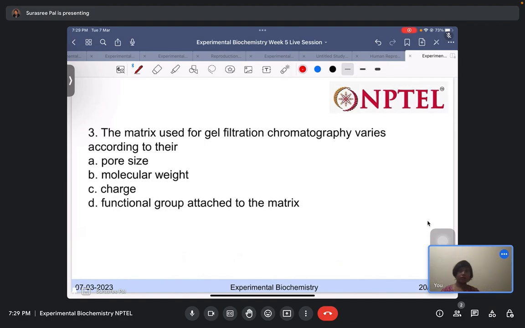By the pore size of the column. So the pore size of the column will determine which proteins will go into the pores or which proteins will not go into the pores and come out first. So the correct answer is pore size. So the matrix has to be selected according to the pore size.